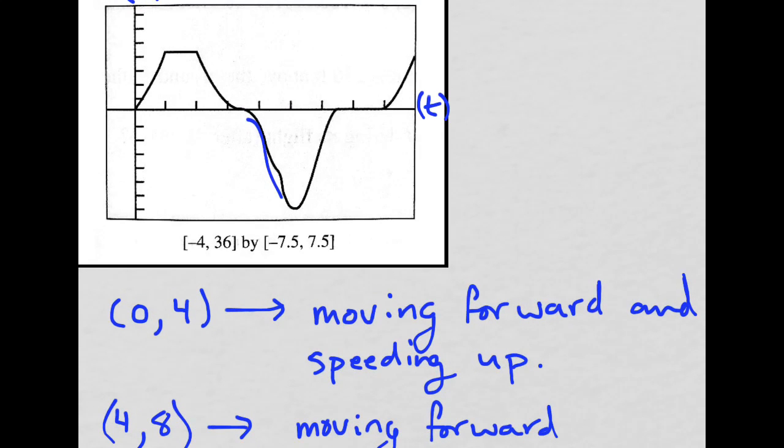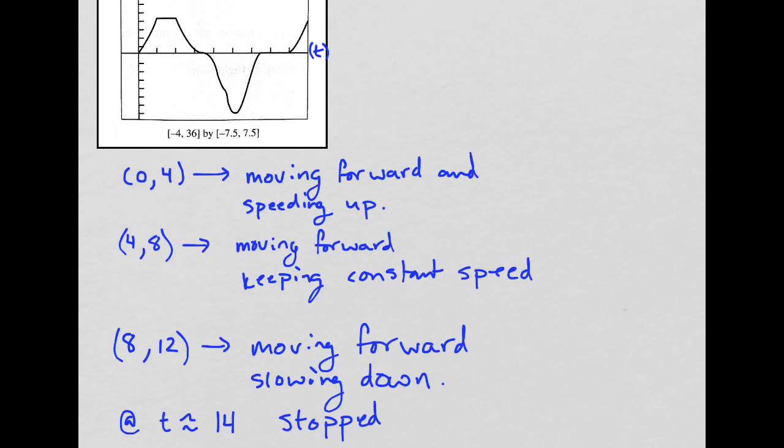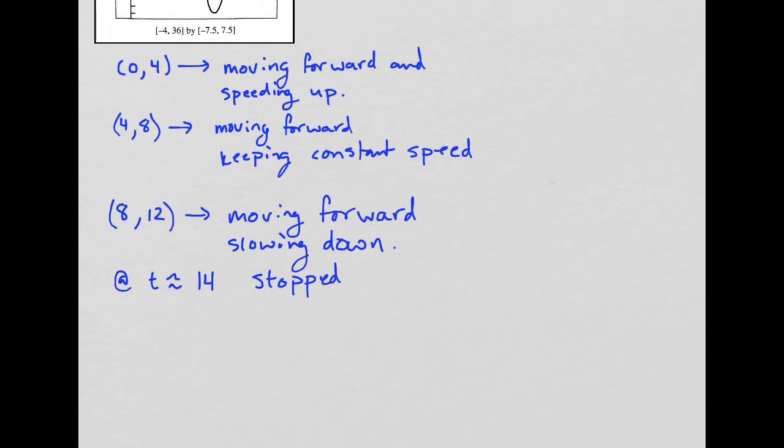It's increasing, but it's negative, so it's actually decreasing. But the absolute value of it is getting bigger and bigger, right? This is a very large negative number. So she's speeding up, but she's going backwards. And I know that because the velocity is below the x-axis, which means the velocity is negative. But it's getting more and more negative, which means she's speeding up.